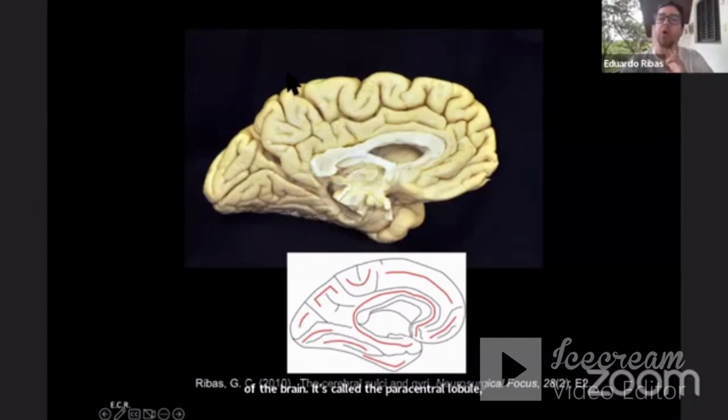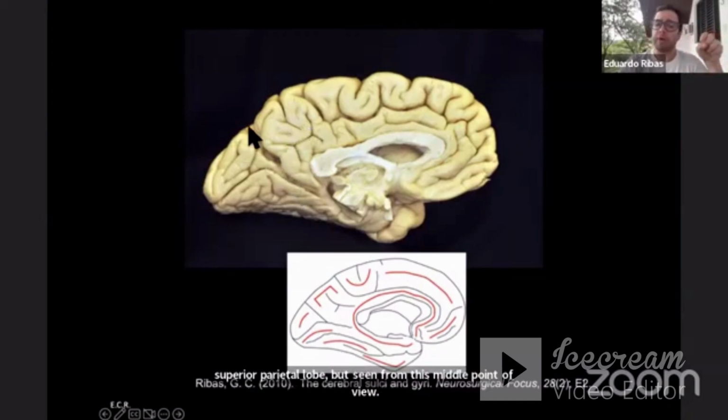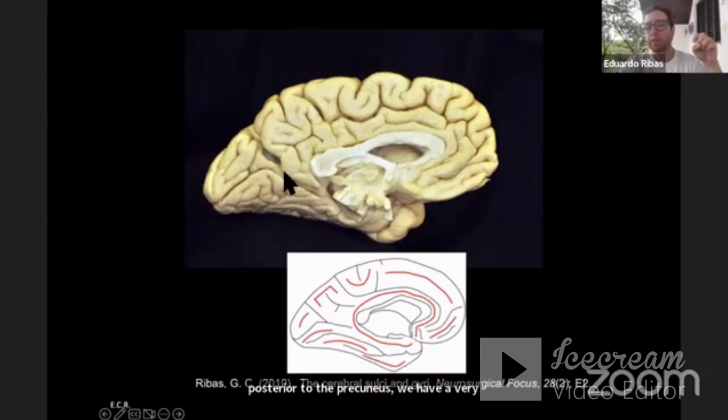Posterior to the paracentral lobule, we will have this quadrangular piece of brain that laterally is called the superior parietal lobule. But here, seen from the middle aspect, it has another name. It's called the precuneus. So the precuneus is the superior parietal lobule, but seen from this middle point of view. Posterior to the precuneus, we have a very deep and easy to see fissure of the brain.